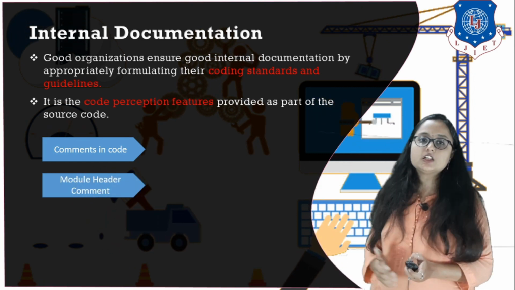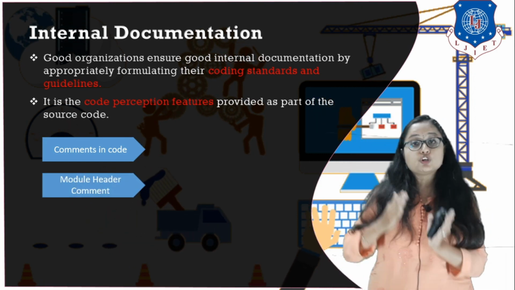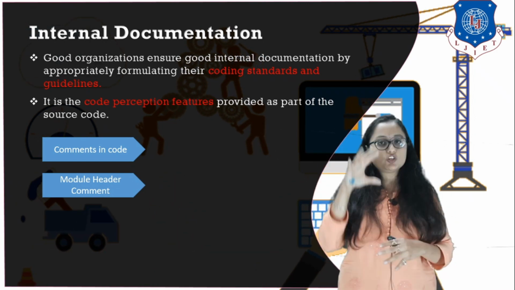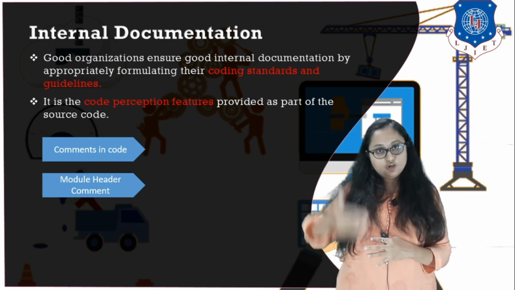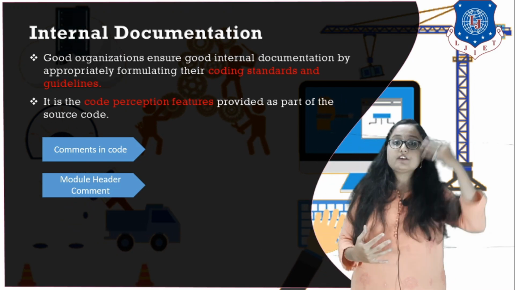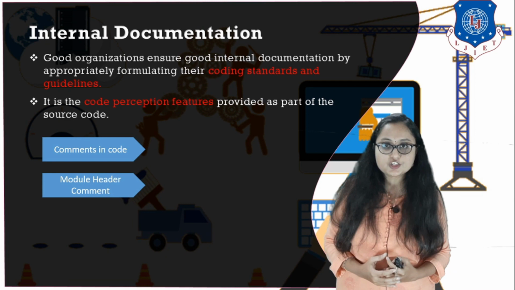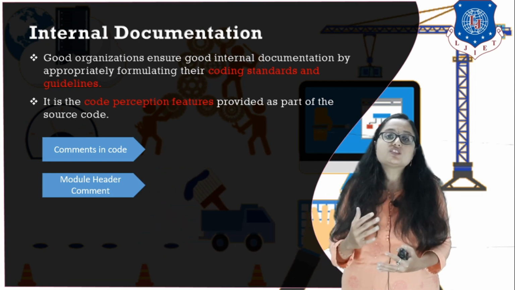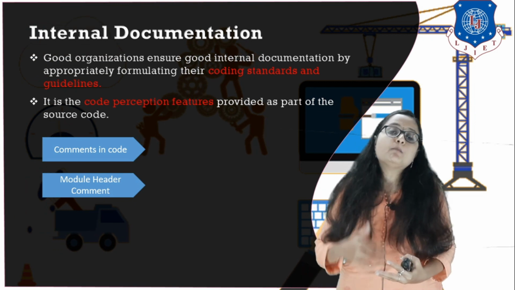The next internal documentation is the module header comment. The first category is the normal comment that you are writing inside your code. The module header comment, which we discussed in our previous lecture, is a header comment that you write before coding the module, right?